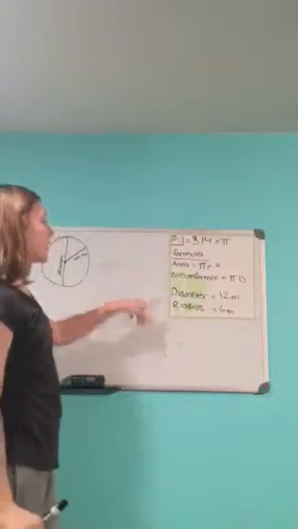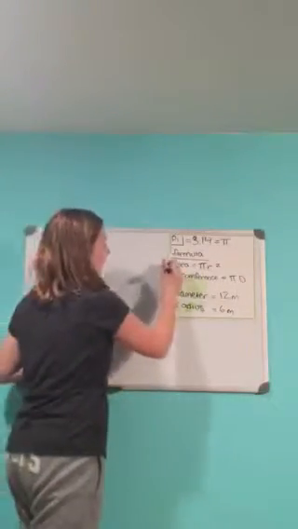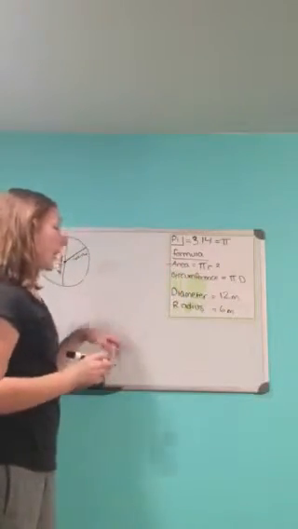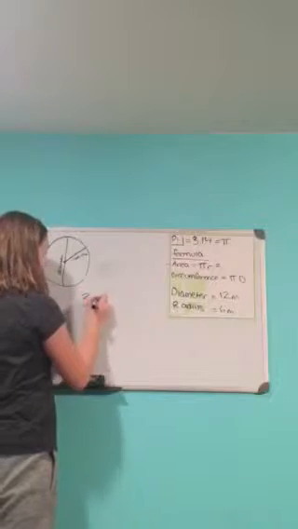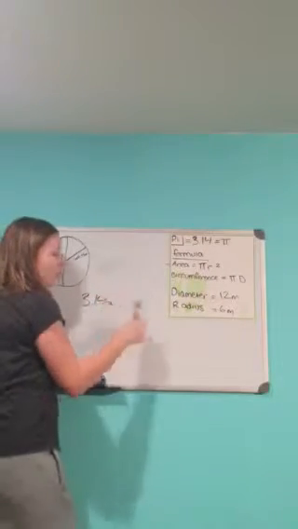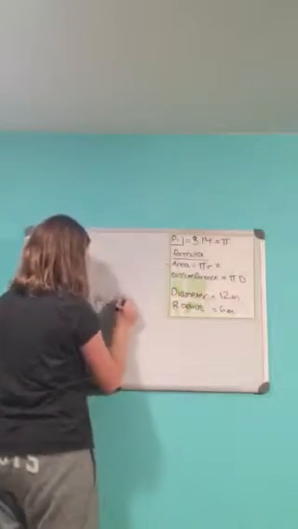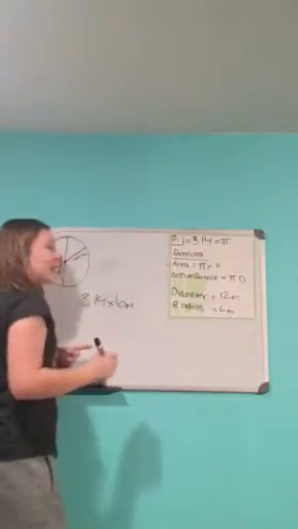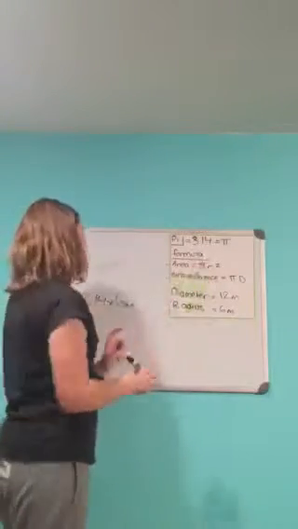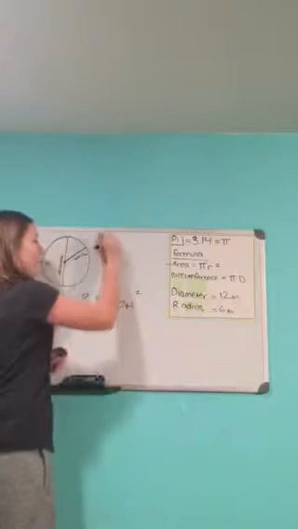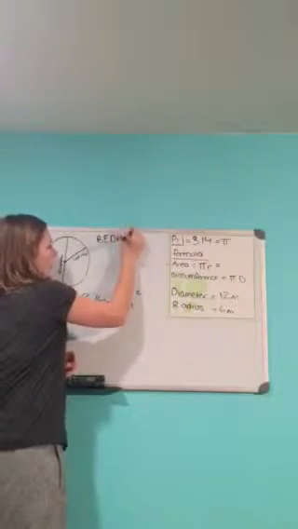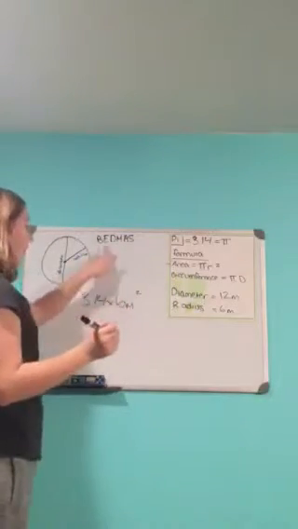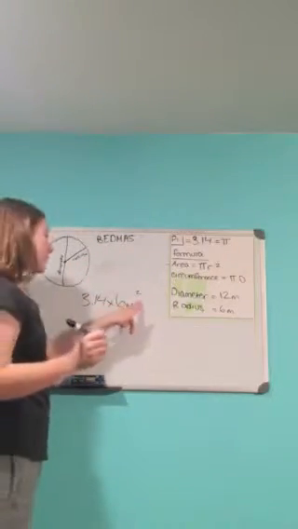So let's try this. Our first formula right here is area, and it is pi r squared. So pi equals 3.14 times radius, which we said is 6 meters. Then we want to square it. Now, we need to follow BEDMAS. There are no brackets, but there are exponents, so we need to do exponents first.